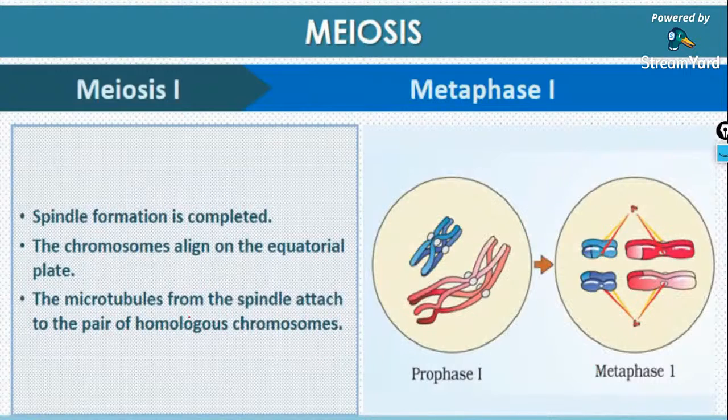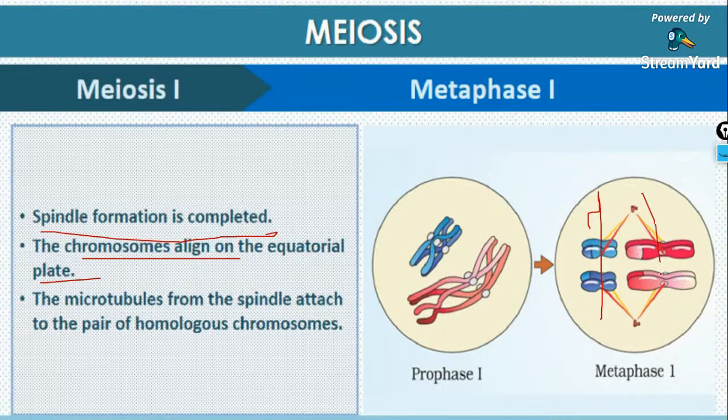That's all for prophase 1 of meiosis 1. Next is metaphase 1. What happens? Spindle fiber formation is completed, starting from diakinesis, and the chromosomes get aligned on the equatorial plate.